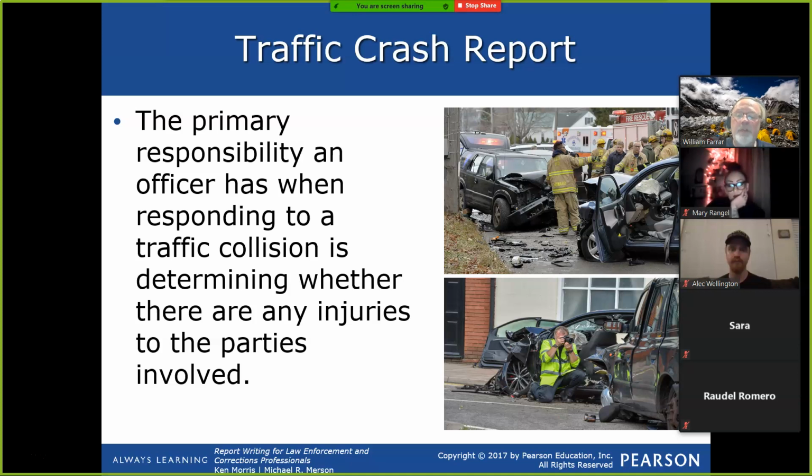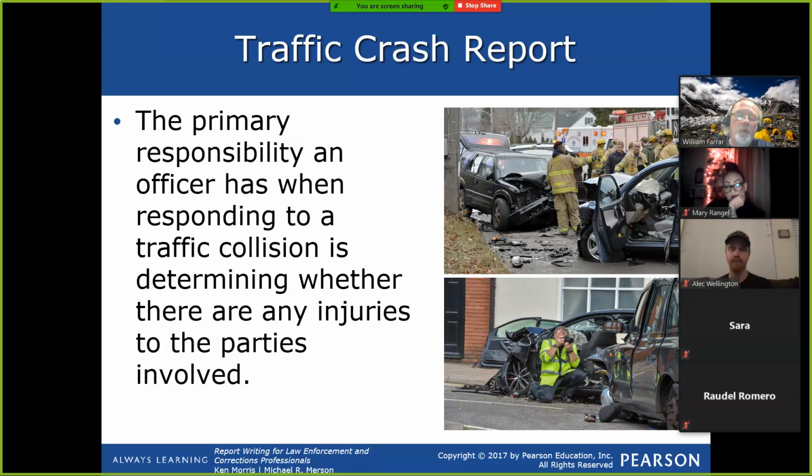If they believe that there's an injury, they will allow you to roll what we call Code 3, which is lights and siren. But be aware that a lot of officers in the past have actually crashed themselves while responding Code 3 to a crash report. It doesn't do anybody any good if you drive that fast where you can't get there safely. So it is important to remember that.